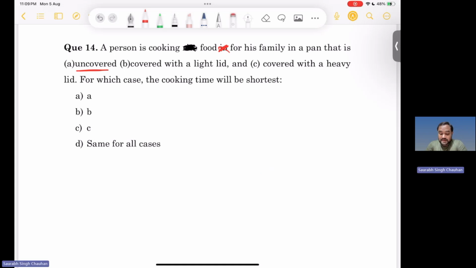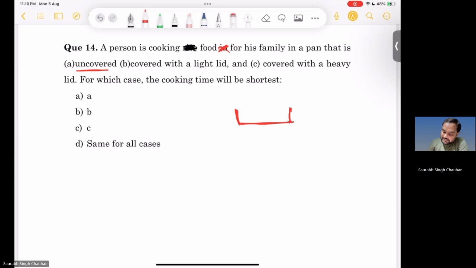Number one, the pan is uncovered. Number two, the pan is covered with a light lid, and the last case, the pan is covered with a heavy lid. So what will happen if the pan is not covered? The pressure just above the pan will be equal to the atmospheric pressure.